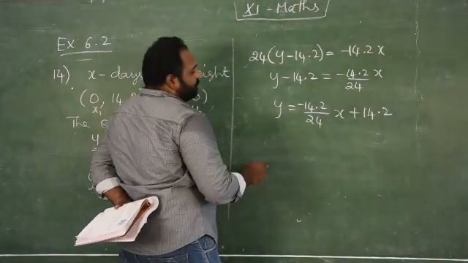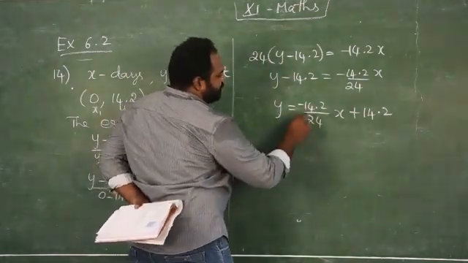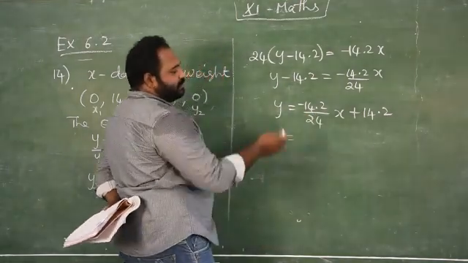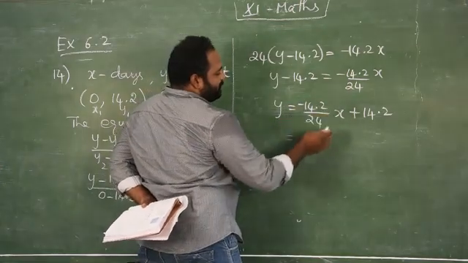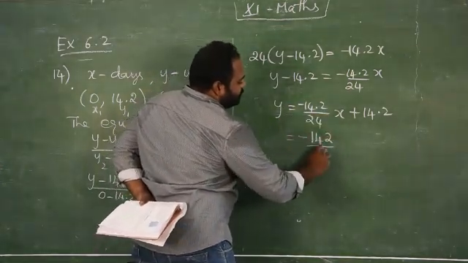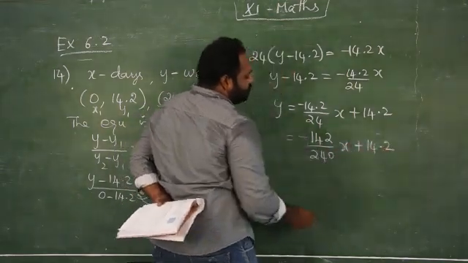Now we have some cancellation here. Before cancellation, we can remove the decimal. If you remove the decimal, it is 142 by 240 into x plus 14.2.